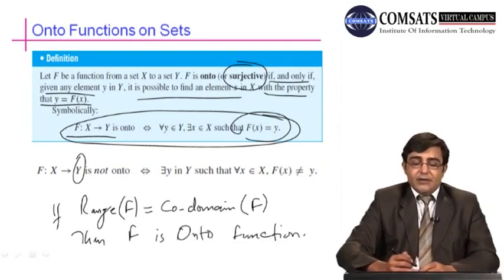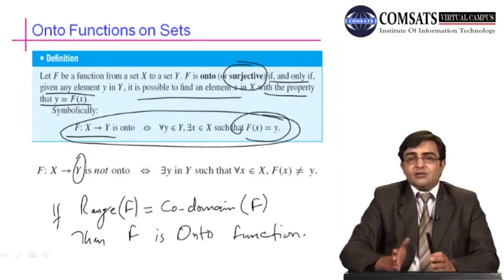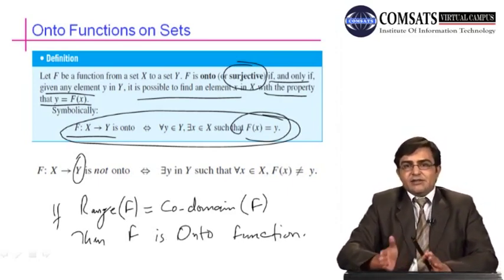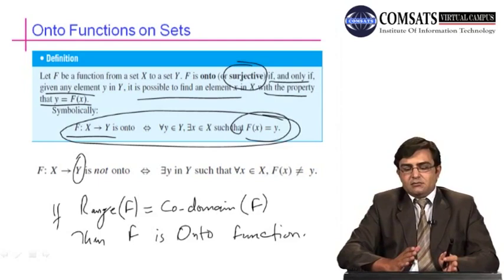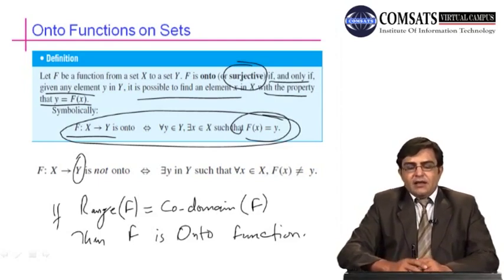Basically, the range of that function contains only those elements which are images of some elements of X. If range and codomain become identical, then we say that this function is an onto function.